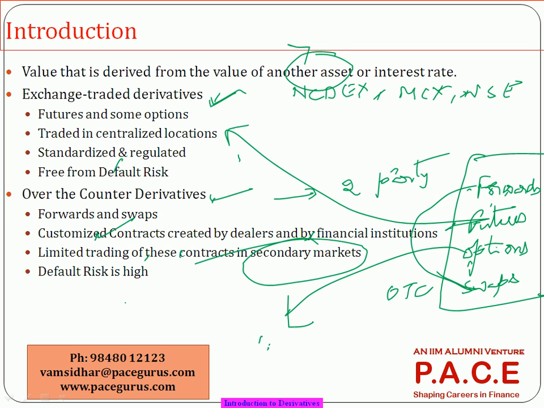So because of that reason, the exchange deals with only those kinds of commodities or assets which have a very high demand. As a simple example, let's say there are 100 types of oils available.